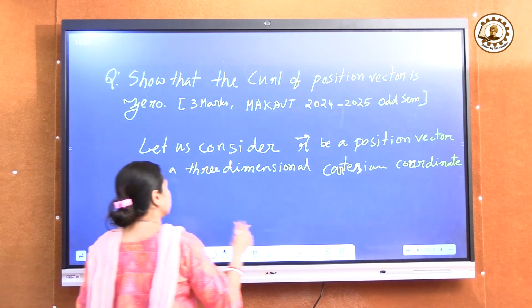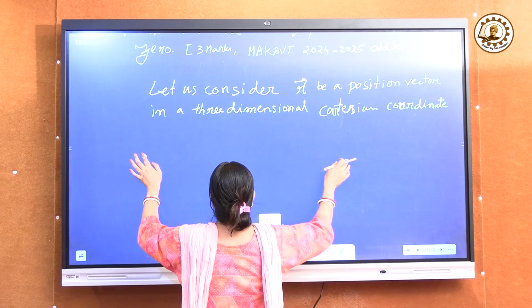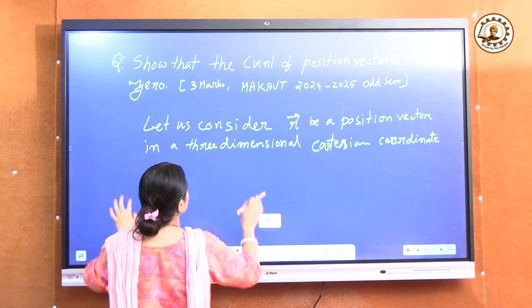Okay. So if this is the case, then we have to show that the curl of a position vector is 0.